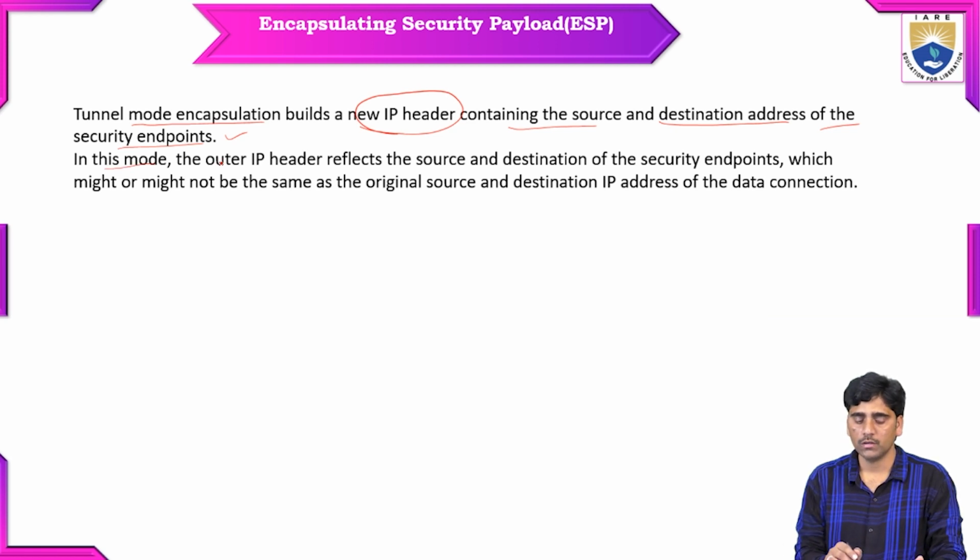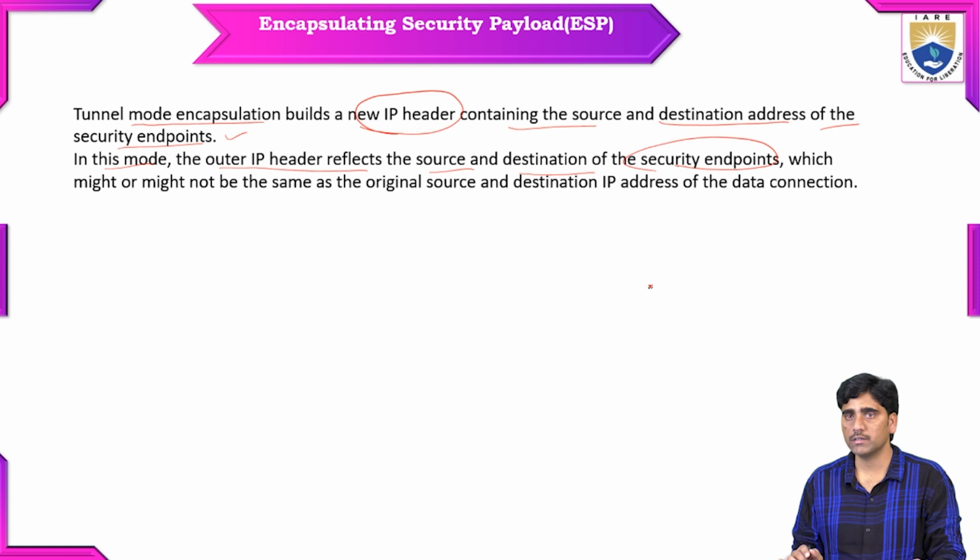In this mode, the outer IP header reflects the source and destination of the security endpoints, which might or might not be the same as the original source and destination IP address of the data connection. The source address and destination address are not the same.